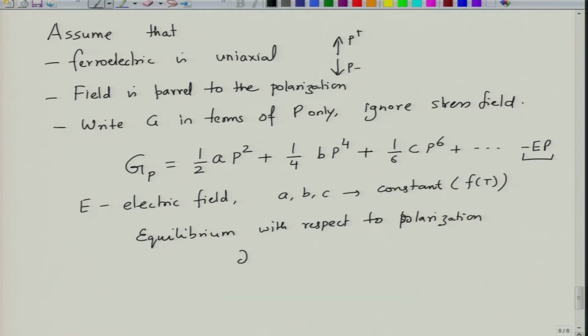So, we say that del G of P versus del P at a constant temperature is equal to 0. Okay. So, if we do that, then this expression can be AP plus BP cube plus CP5 minus E is equal to 0.